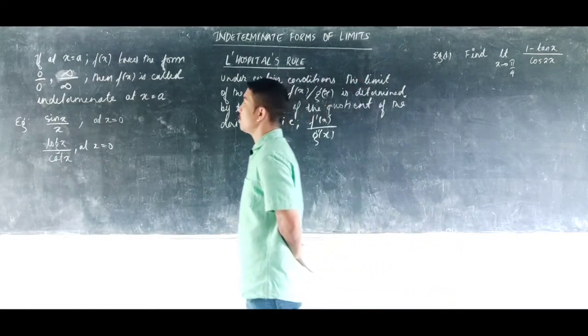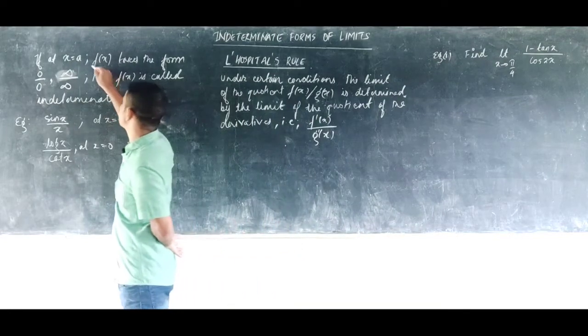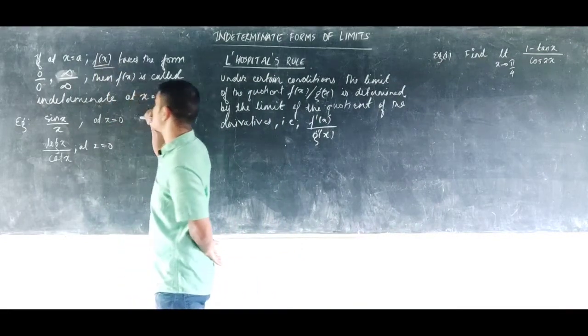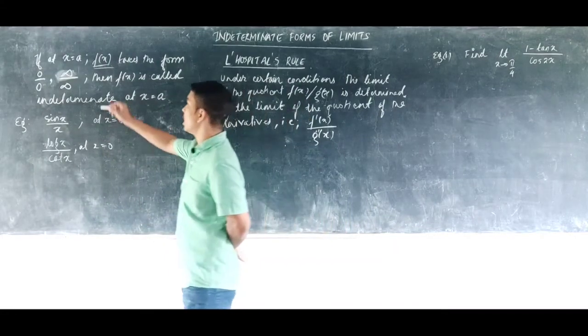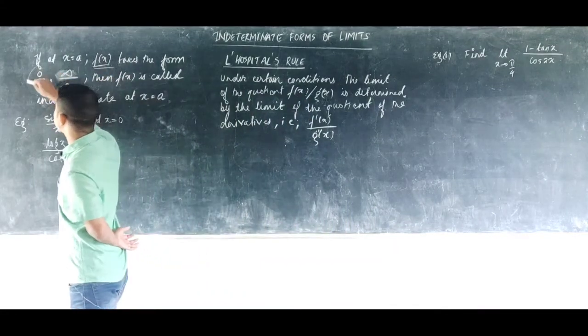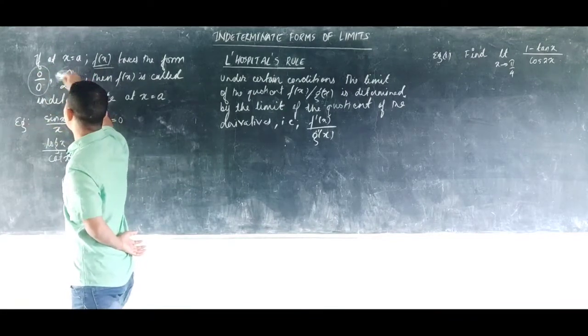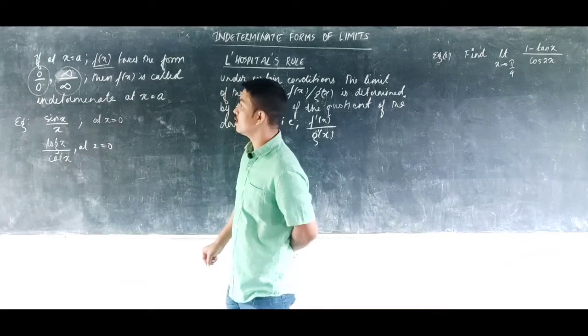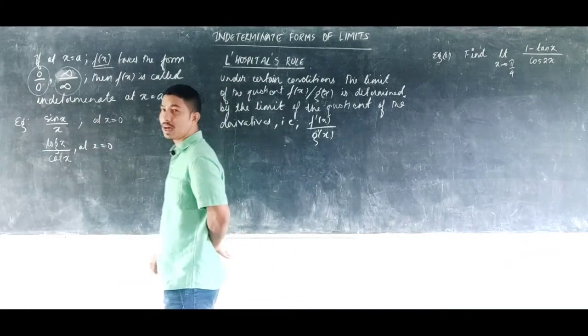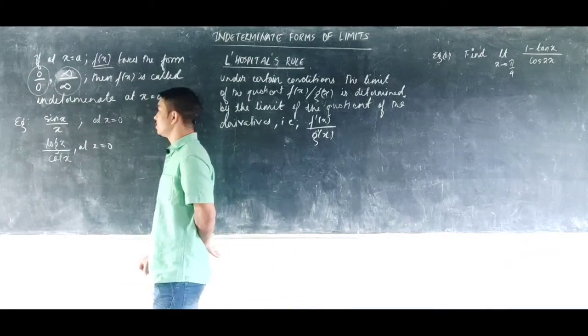If I have any function f of x, and at a certain value of x, like when x equals a, it takes the form 0 by 0 or infinity by infinity, then the function is said to be indeterminate at x equals a.